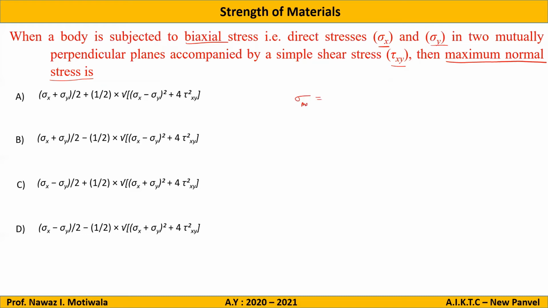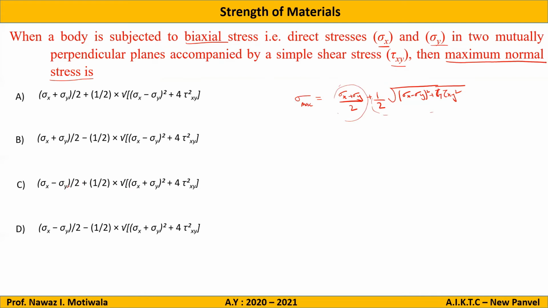Sigma maximum, that is normal stress, is equal to (sigma x plus sigma y) by 2 plus half of the same square root of (sigma x minus sigma y) square plus 4 tau xy square. You can see this part is similar; we just have to add the part (sigma x plus sigma y) by 2.